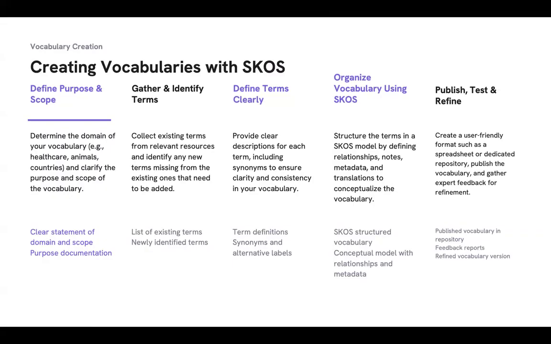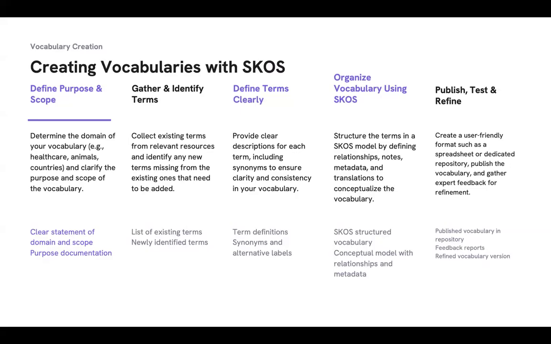We also identify the ones that are external and link them together. And also we go on to organize the vocabulary. So here it could mean you develop the Excel sheet and then structure it based on this course model.